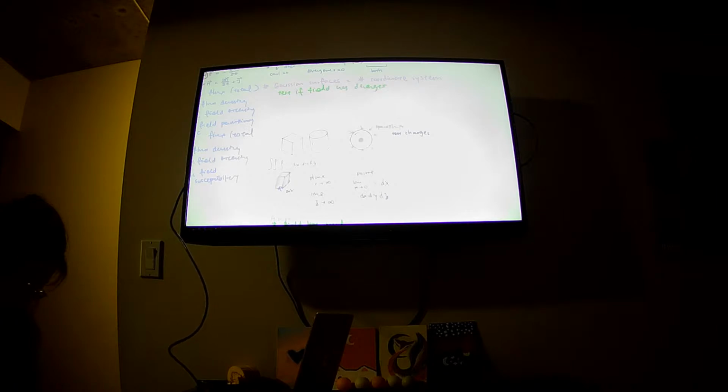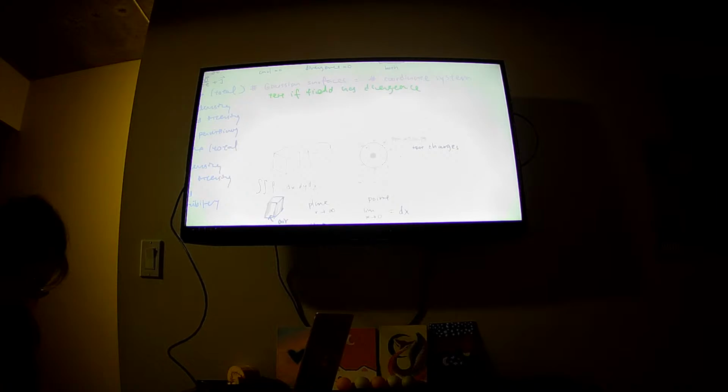You first define a closed surface, and observe how points on the surface behave. And how do you observe? You put a test charge, and see where it moves.